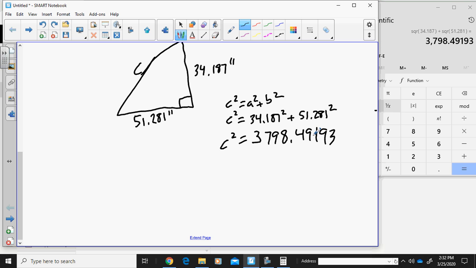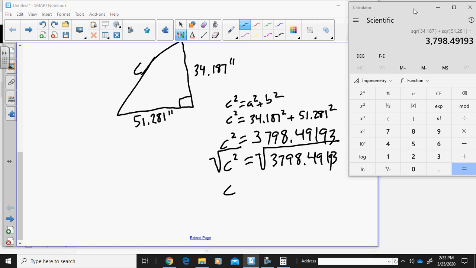And now we want to get c all by itself. So remember, the opposite of squaring is a square root. So the square root of c squared gives us c, is what we want. And we're going to take the square root over here. Alright, back on your calculator. I'll show you a trick.